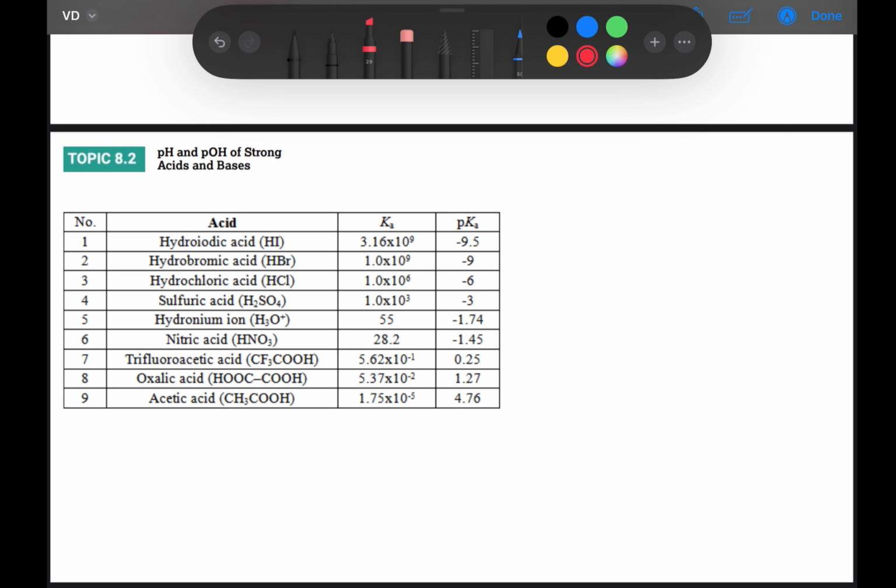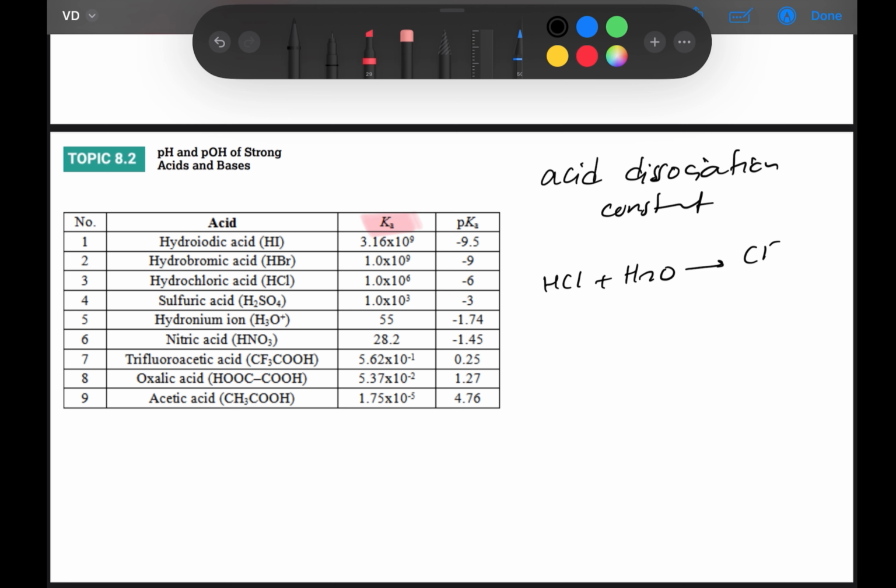look at a factor of Ka, and Ka represents the acid dissociation constant. For example, if we have HCl, it dissociates in water and gives you Cl negative plus H3O plus. And I just need to write the Ka.